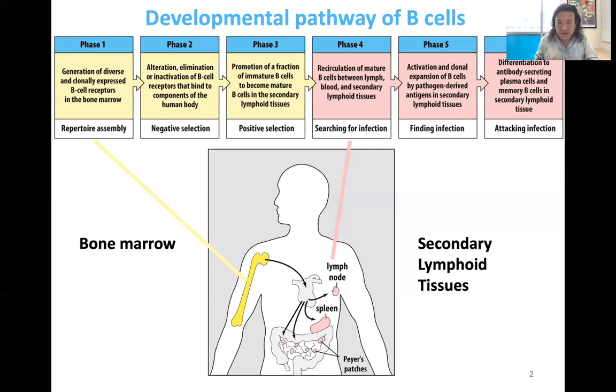Remember, that's the whole point of VDJ recombination, so that you can make hundreds of millions of different immunoglobulin antigen binding domain shapes every single day.